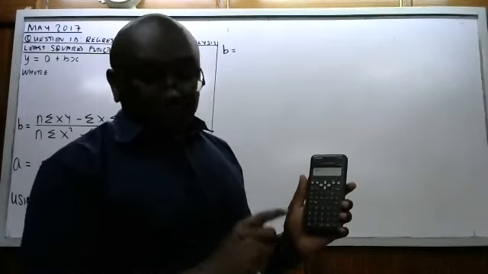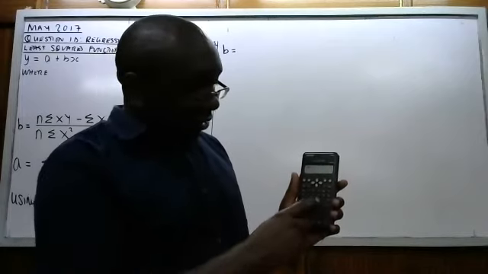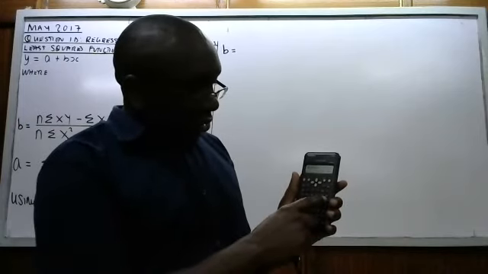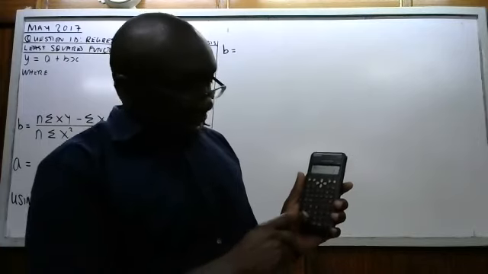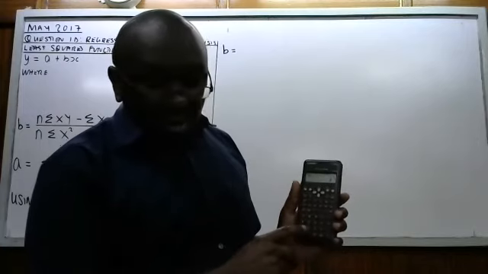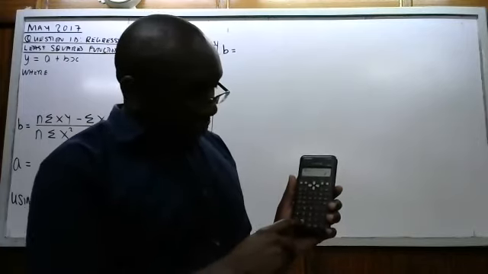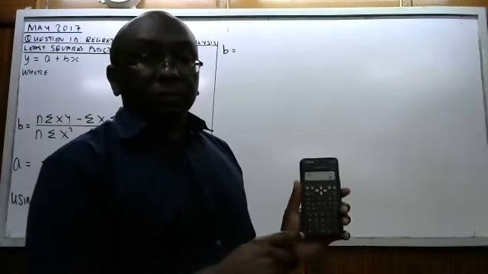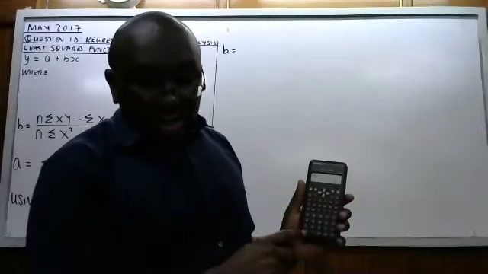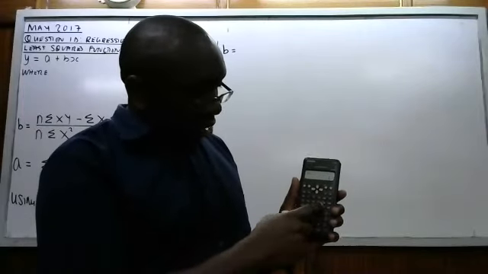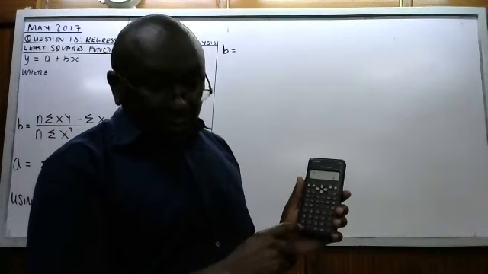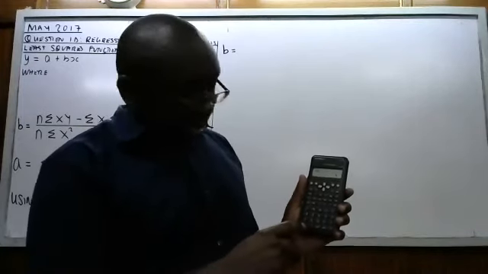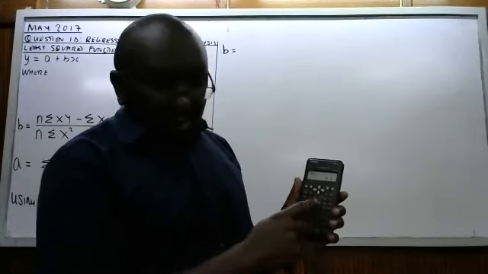Then the next one is 6, 0.2 M plus. The next is 9, 0.5 M plus. The next is 3, 0.5 M plus.